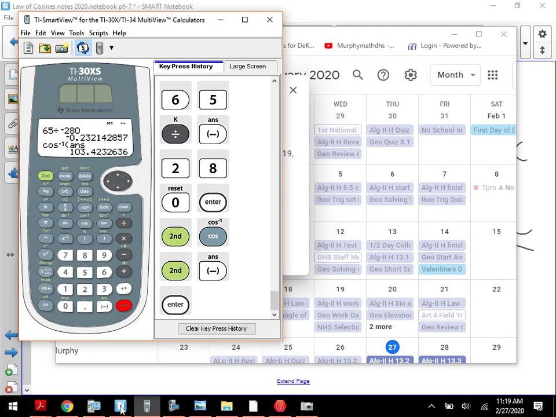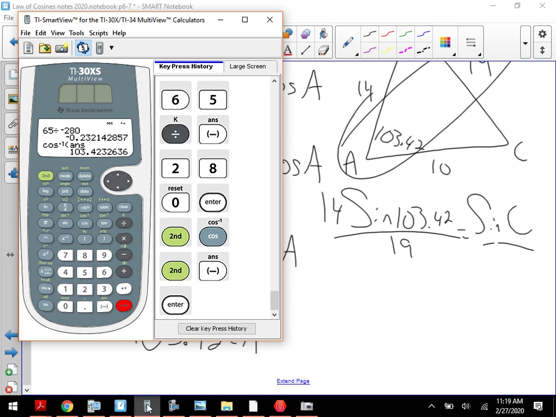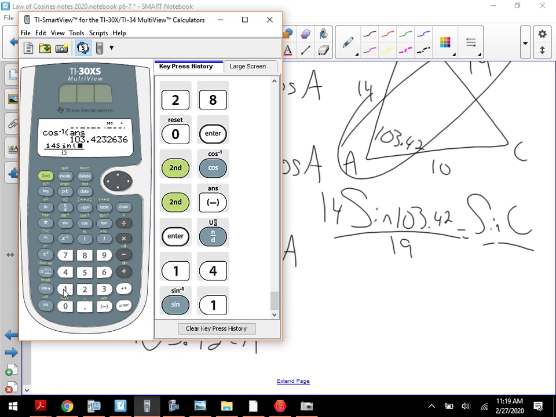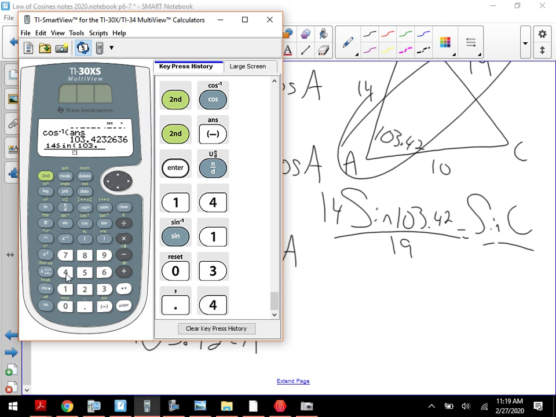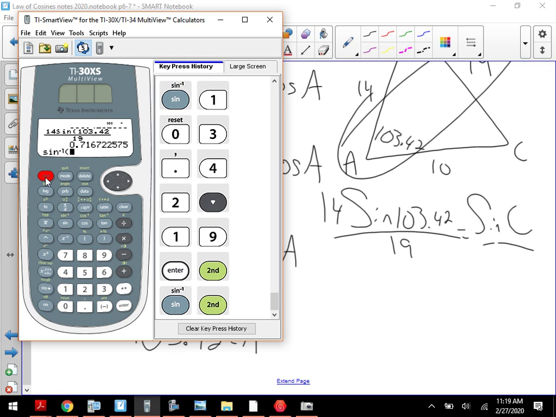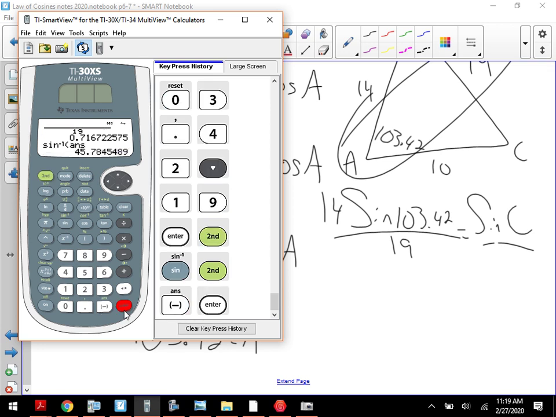Calculator. Fraction bar, 14 sine 103.42 over 19. Inverse sine of the fraction. 45.78 for C. And now you have two of the three angles of a triangle.